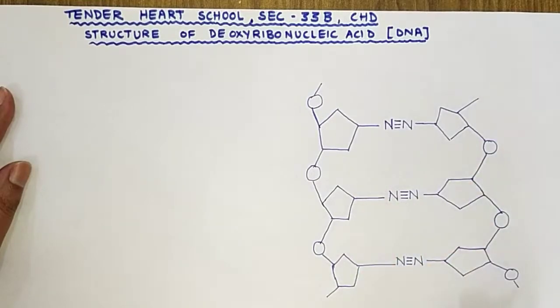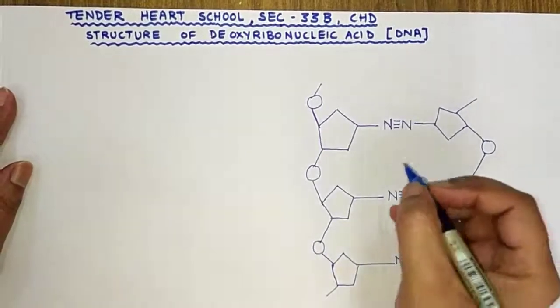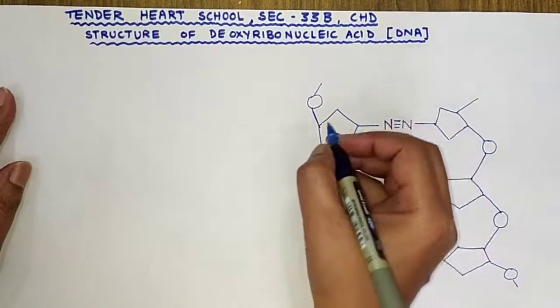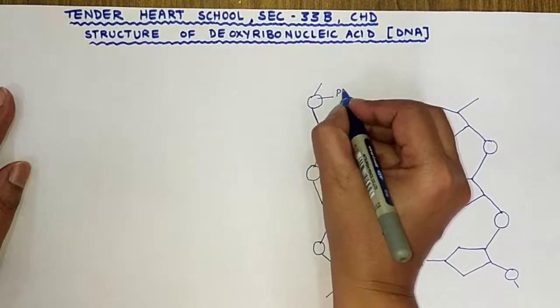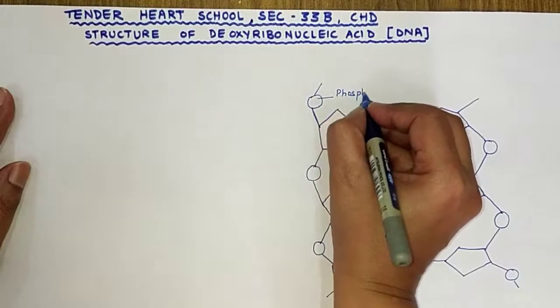the two strands of the DNA, right? Let us label one molecule of nucleotide. So this is phosphate.